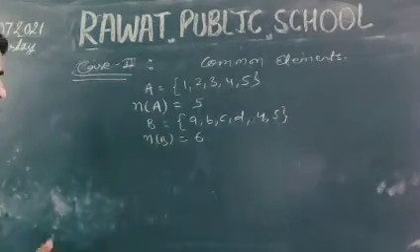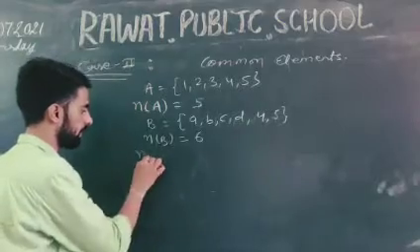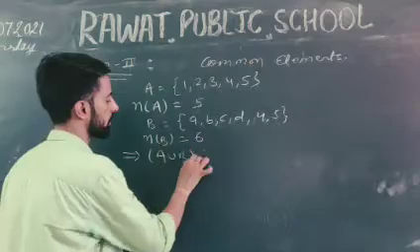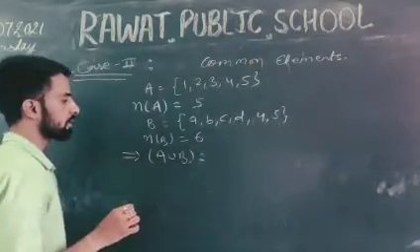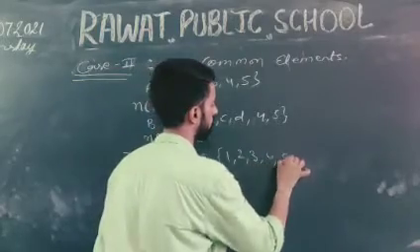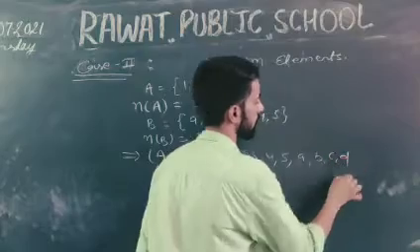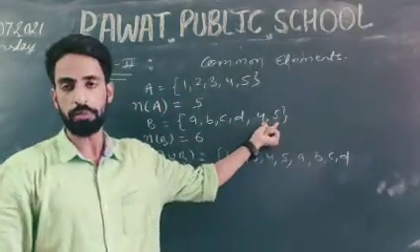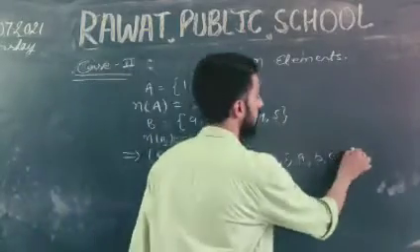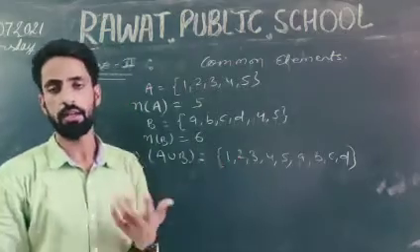Now if I perform A union B according to the set theory here, what is going to be the result? The result will be 1, 2, 3, 4, 5, a, b, c, d, and the 4, 5 will not be repeated as per the rule of roster theory, because the elements already mentioned must not be repeated.